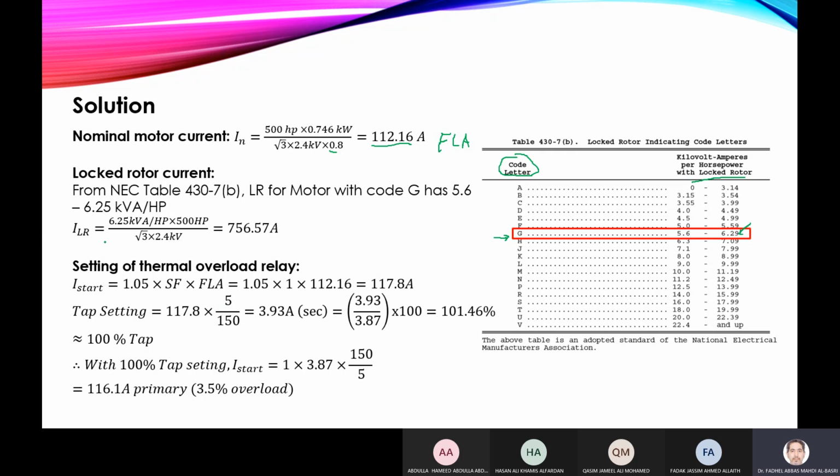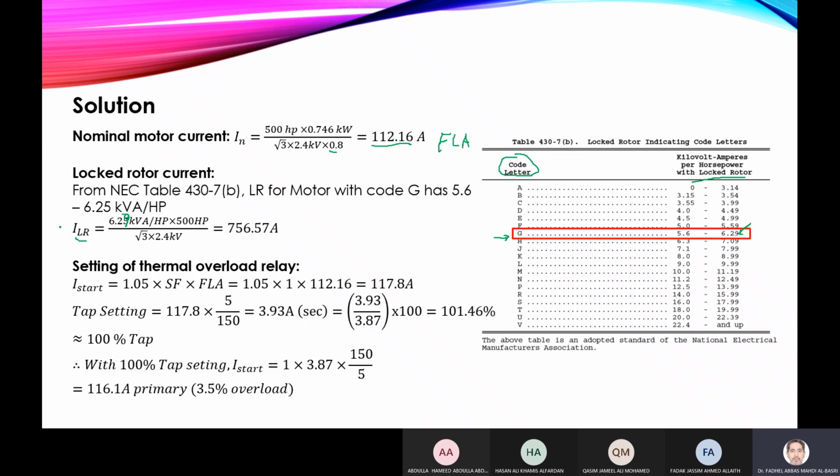So 6.29, not 25, 29, 6.29 kVA per HP times 500 HP. This gives you kVA. Divide by root 3 times 2.4 kV, and that gives you the current.